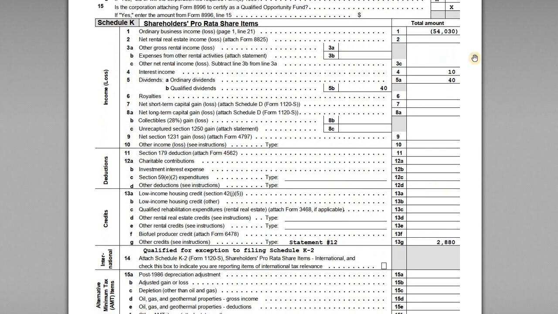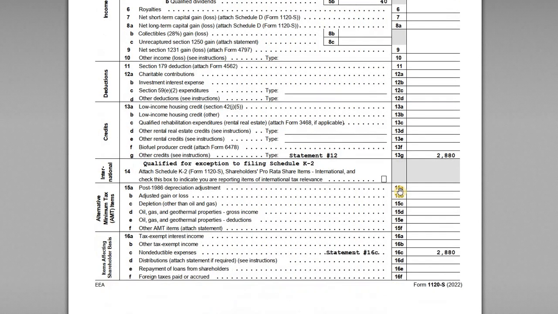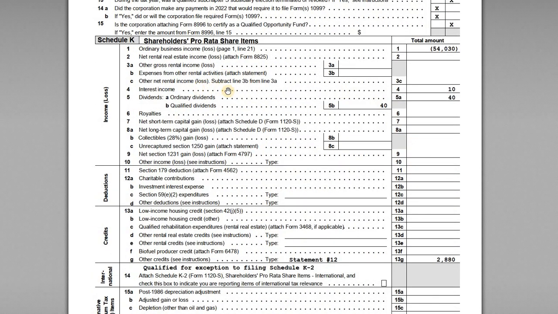So when we look at Schedule K here, line 1, ordinary business income or loss up here, this is the total, the net amount flowing through from page 1. Separately stated items are listed here, lines 2 through 16F. So we look at, for example, interest income, line 4, there was $10 in interest. That has to be separately stated on the K1. It can't be included in line 1.